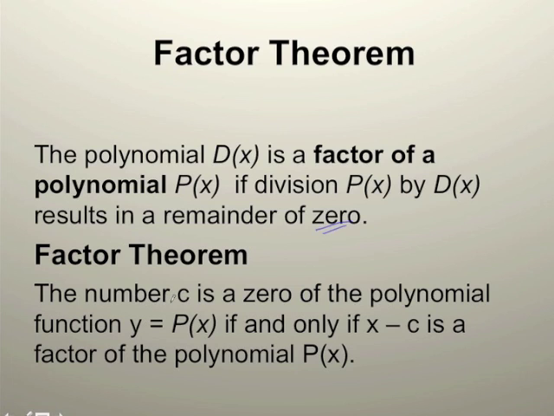So the number c is a 0 of the polynomial function y equals p of x if and only if x minus c is a factor of the polynomial p of x. So if it's a factor, it gives you a remainder of 0. This is the form of x minus c, so we can use synthetic division to test this out.